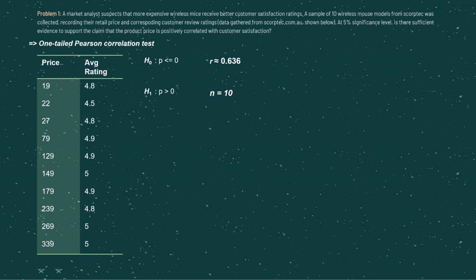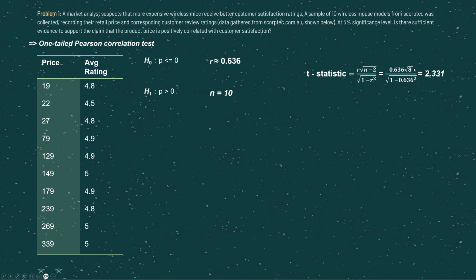And now we calculate the t-statistic value. The formula for it is r multiplied by the square root of n minus 2, all divided by the square root of 1 minus r to the power of 2.